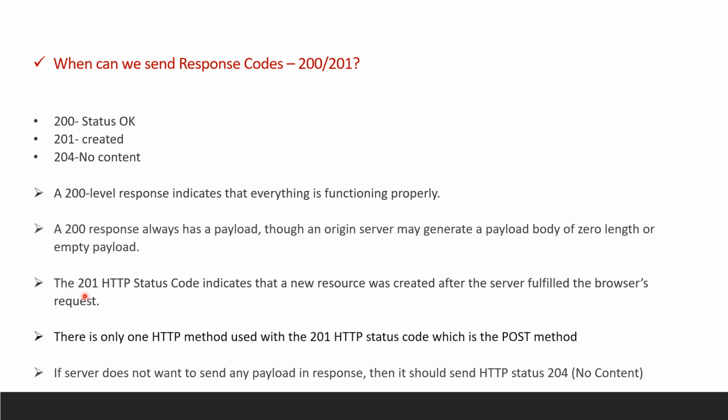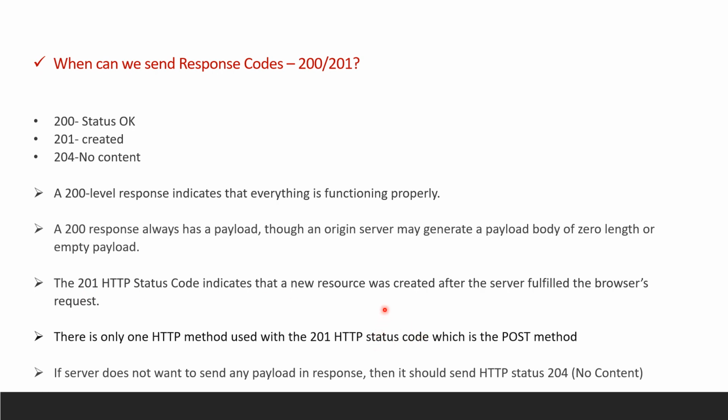The 201 HTTP status code indicates that a new resource was created after the server fulfilled the browser's request. So whenever a resource is actually created successfully after the server fulfilled the request, we get the 201 HTTP status code. And here what is the difference? There is only one HTTP method used with the 201 HTTP status code, which is the POST method. So this is one more tricky question.